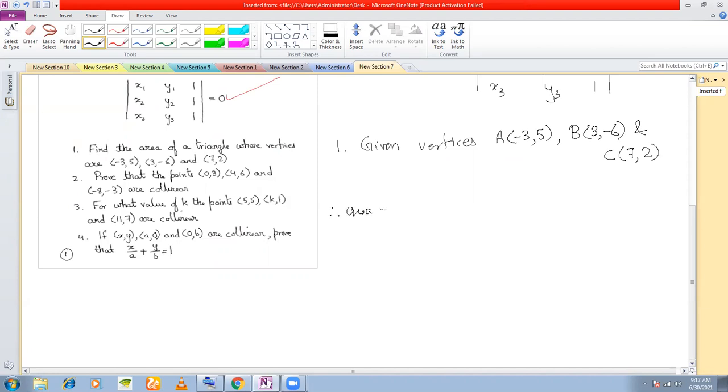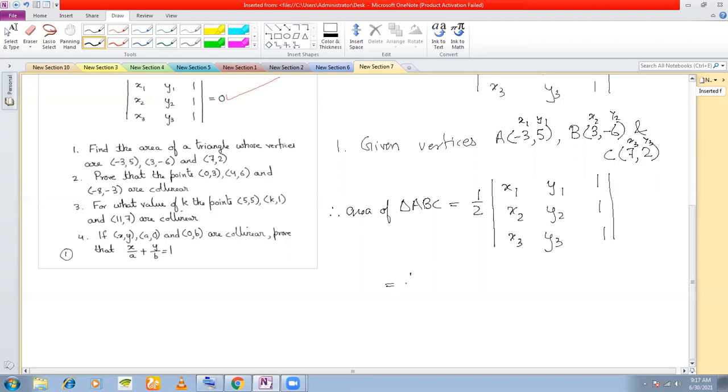Therefore, area of triangle ABC in terms of determinant is equal to half, and we'll write the determinant. What is the determinant? This is x1, y1, this is our x2, y2, and this is our x3, y3. So this was x1, y1, 1, x2, y2, 1, x3, y3, 1.